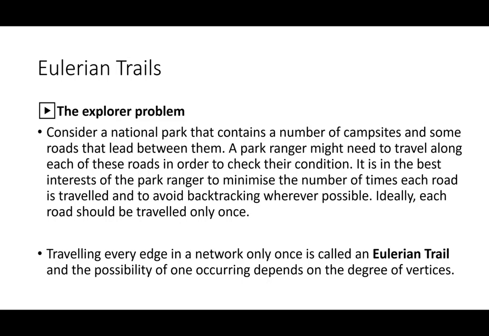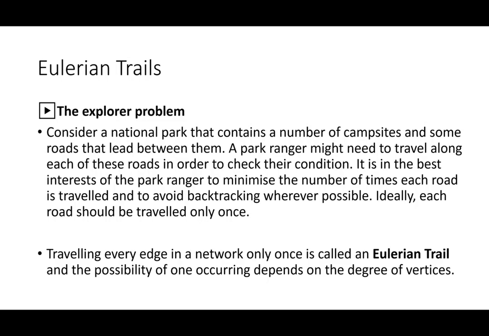Now, ideally, if that's your job for the day, you don't want to be repeating effort. So if you're checking that everything's all right along all the roads, you don't want to be going over the same road twice. A park ranger might need to travel along each of these roads in order to check their condition. It is in the best interest of the park ranger to minimise the number of times each road is traveled and avoid backtracking when possible.